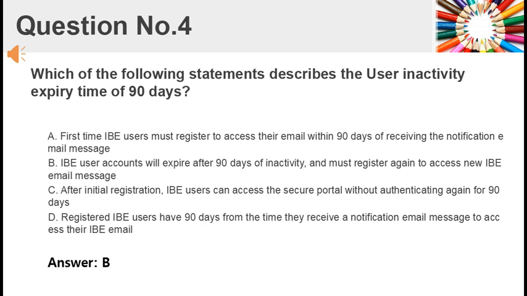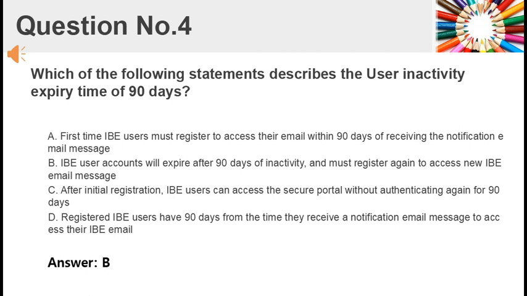Which of the following statements describes the user inactivity expiry time of 90 days? A. First-time IBE users must register to access their email within 90 days of receiving the notification email message. B. IBE user accounts will expire after 90 days of inactivity, and must register again to access new IBE email message.